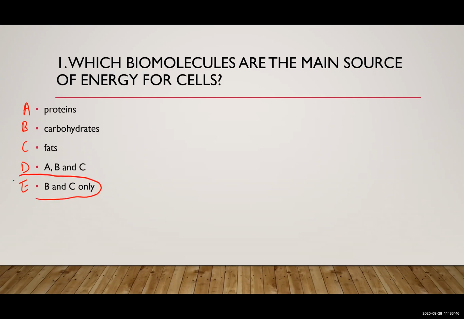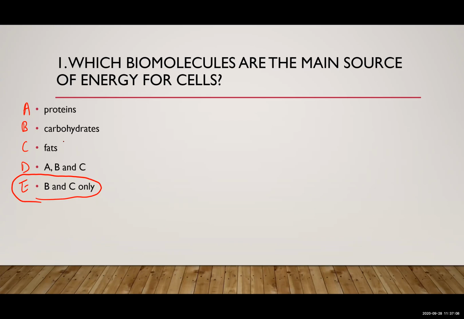Yes, E is correct. Both fats and carbohydrates are the main source of energy. Proteins, I've seen those shows on Discovery where they say there's so much protein and I need to survive on protein. When you are in a survival mode, you really should go for carbs and fats.